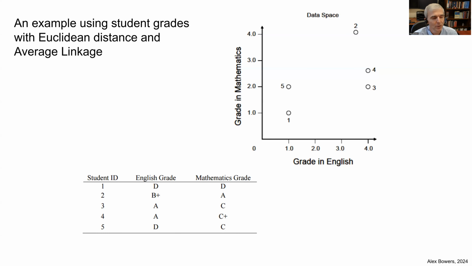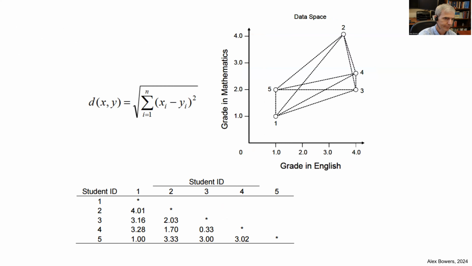We'll keep it to 2 dimensions so that we can visualize it, but the arithmetic and the algebra all work great in hyperdimensional spaces, even when you have 10,000 dimensions. We'll keep it in 2 just to make it reasonable so we can visualize it. You can see students 1, 5, 2, 4, 3. Student 1 is getting a D in both, so they're at 1, 1. So we've got the data in the data space.